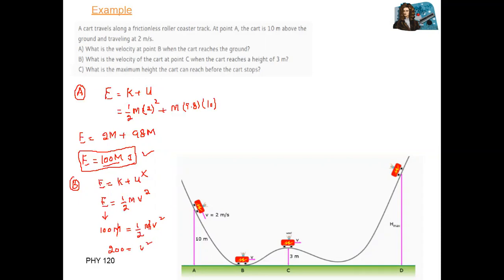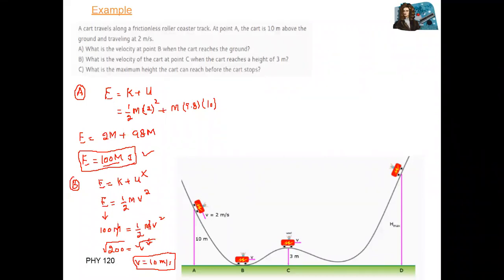V square. So if you take square root on both sides, so square cancel with this one. V is equal to what? V is equal to 10 meter per second plus minus, but we will take plus 10 meter per second. Velocity of speed at position B.